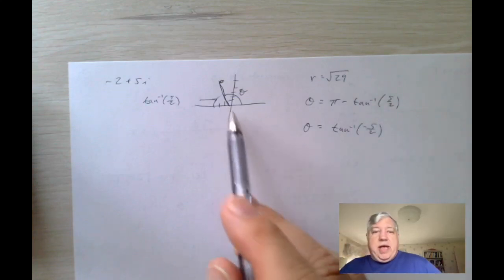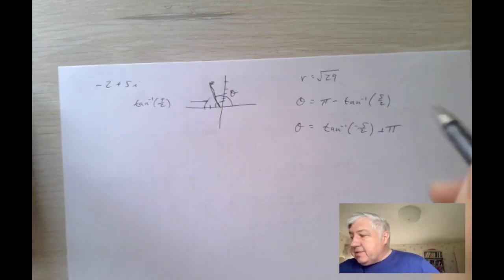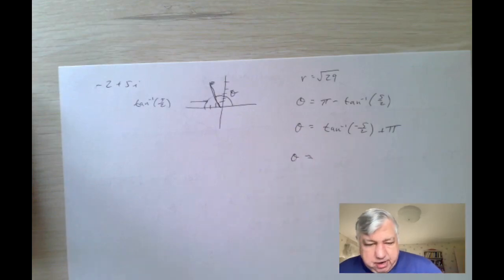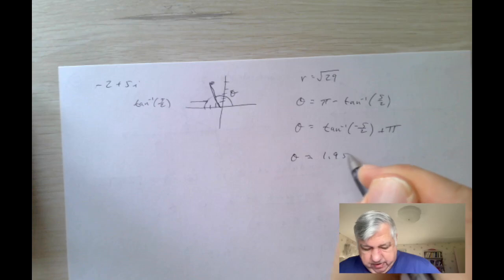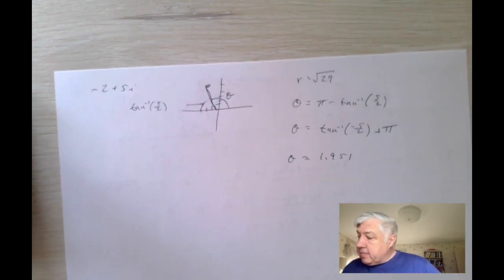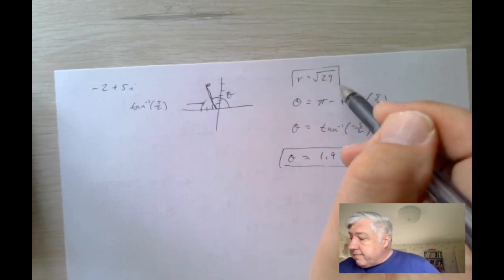But that would give you an angle in this quadrant, okay? And then you would have to add pi to that. So either one works, and theta turns out to be approximately 1.951. Okay. All right. So that's theta, and this is r.